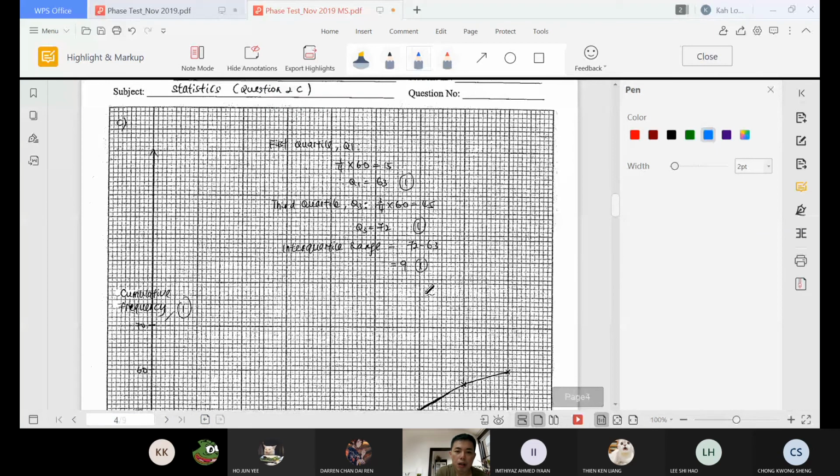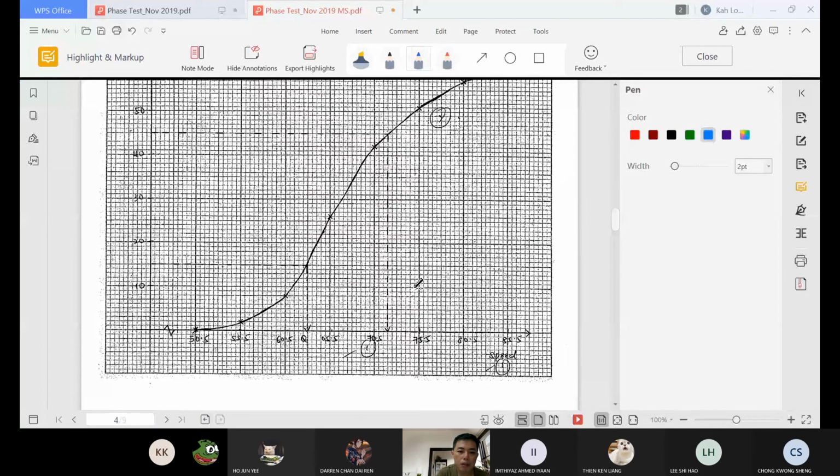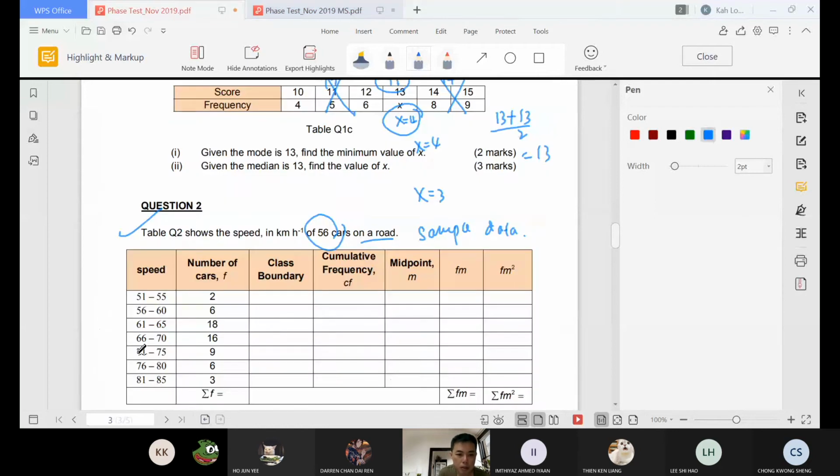Now for the ogive, you will start from the upper boundary, starting from 50.5 until 85.5. So look at the question. You calculate the CF, each of the CF.